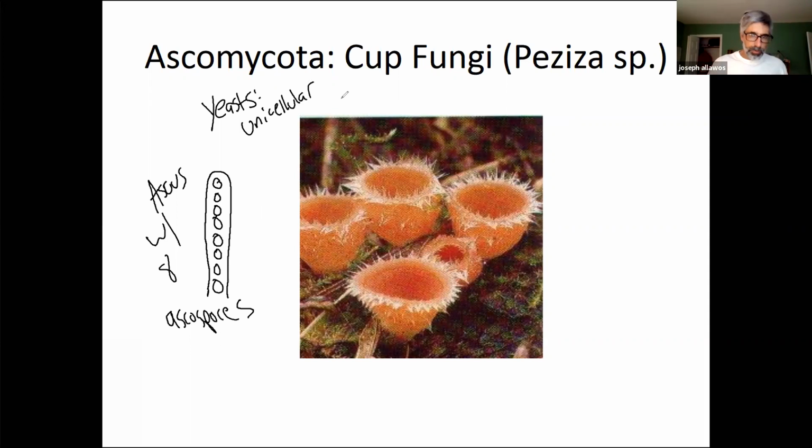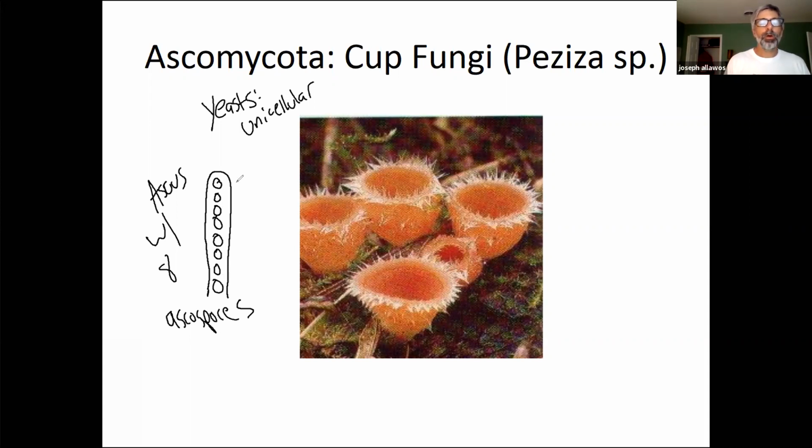Okay. So you might think a little more about the life cycle for just a second. If we have meiosis occurring, we get 4 cells. So the question is, how do we get 8 cells? What's the significance of that?